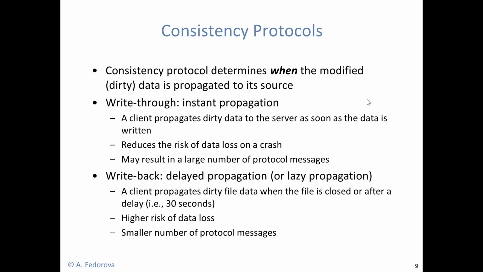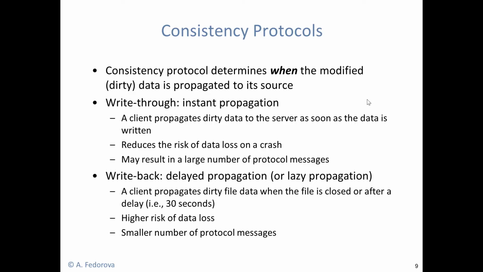Typically we have two design schemes. Write-through is instant propagation. As soon as the client changes the data, it propagates it to the server, and that reduces the risk of data loss in a crash, but it may result in a large number of messages. And write-back, which is more typically used for file systems, is delayed or lazy propagation.